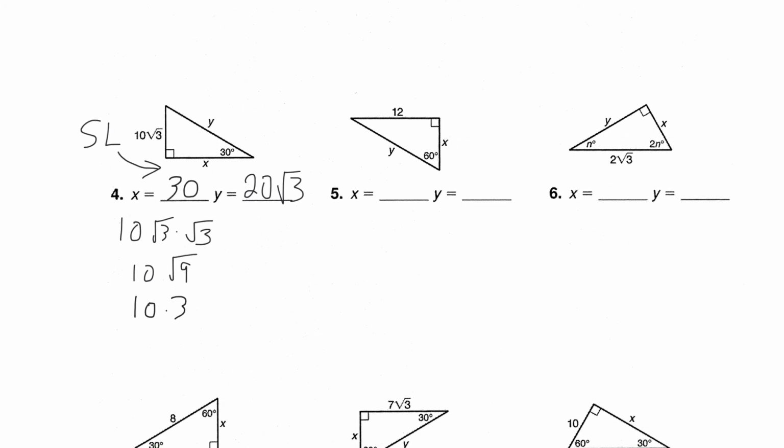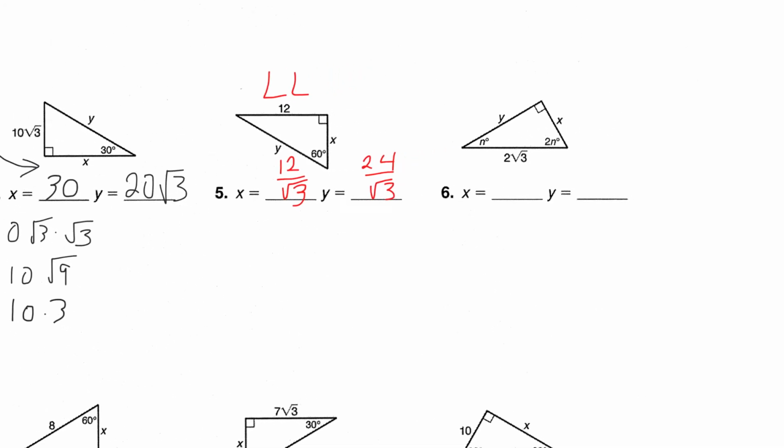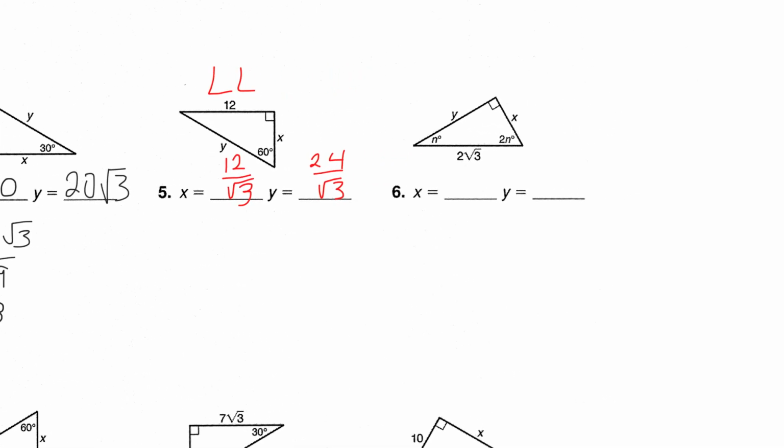Okay, number 5. That 12 is the long leg. So the short leg is 12 divided by the square root of 3. And then the y is going to be 24 divided by the square root of 3. Number 6, that 2 square roots of 3 is the hypotenuse. So going back to the short leg, it's cut in half.